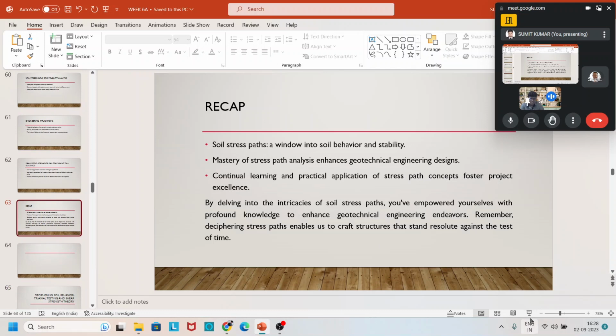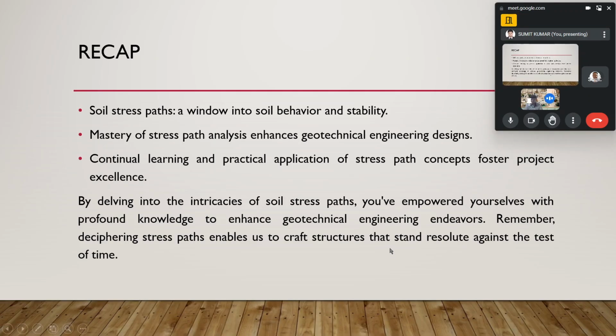So first of all, we recap these sections, and then we will go ahead with the active and passive earth pressure. So the soil stress path. When we talk about the soil stress path, it is a window into soil behavior and stability, and mastery of stress path analysis enhances geotechnical engineering design. Obviously, this is the main aspect, and continual learning of the practical application of stress path concepts enhances project speed.